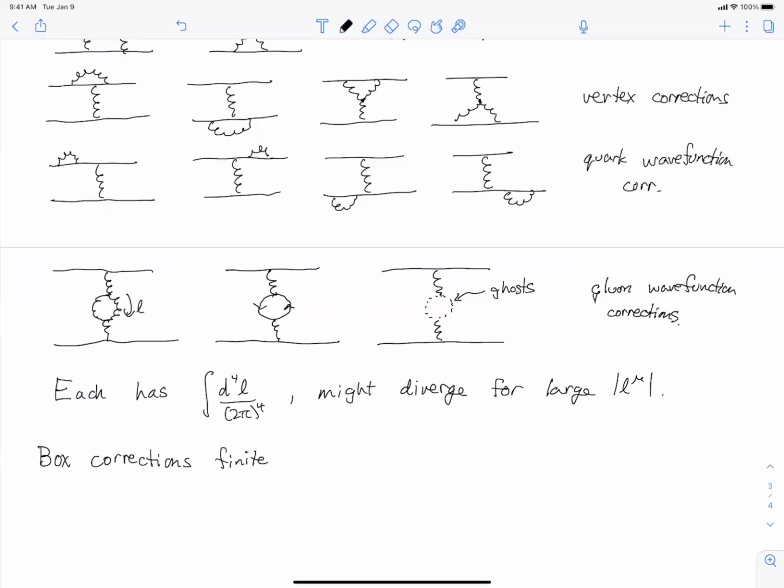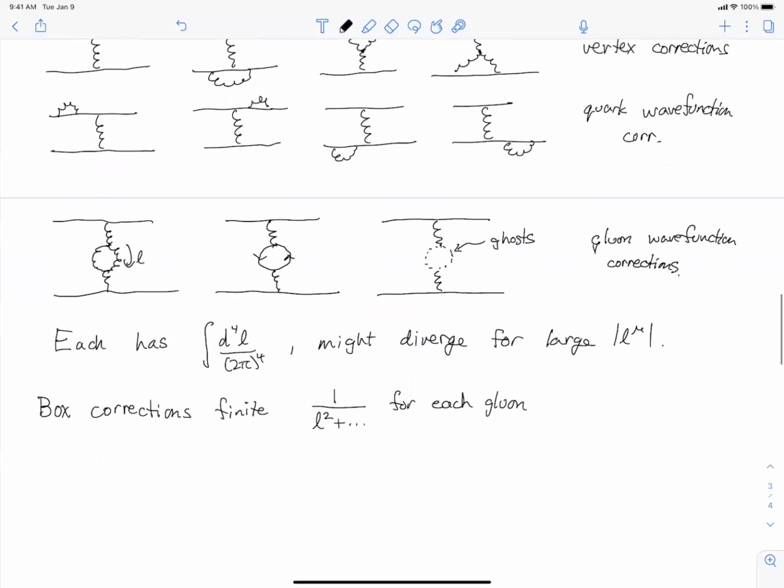And one way to see that is because it has vector propagators, gluon propagators, which all look like this at large energy, 1 over L squared for each gluon. And for each fermion, there's an L slash plus a mass over L squared. I'm forgetting about the masses because I'm just worried about what's happening at high energy. So this is for each quark.